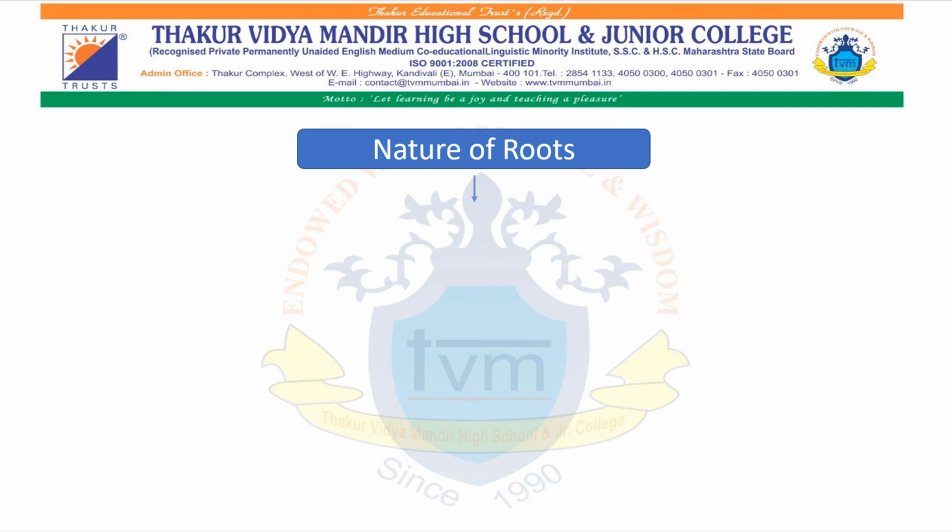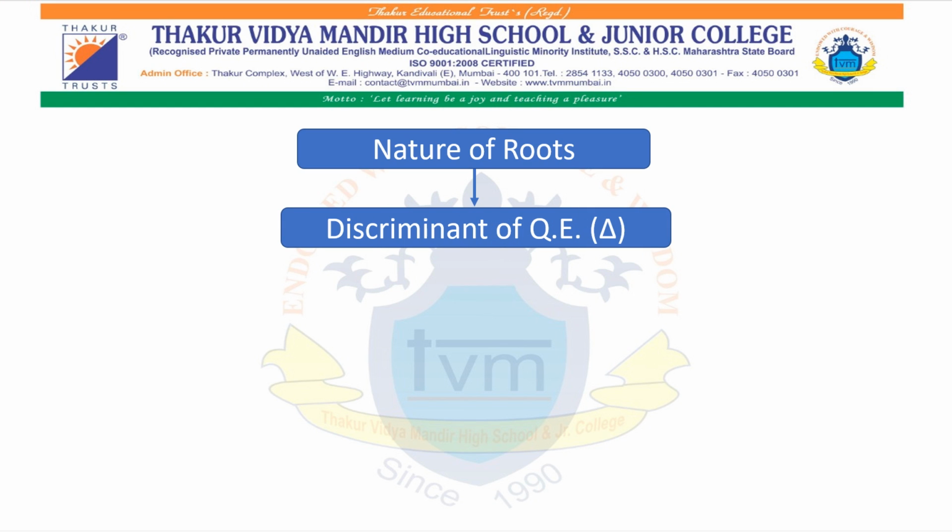For finding out the nature of the roots, we should first find out the value of the discriminant of quadratic equation. The sign for discriminant of quadratic equation is delta. Now there are three different types of nature of roots we have for a quadratic equation, which depends upon the value of the discriminant. And for finding out the value of discriminant, we will use the formula b square minus 4ac.